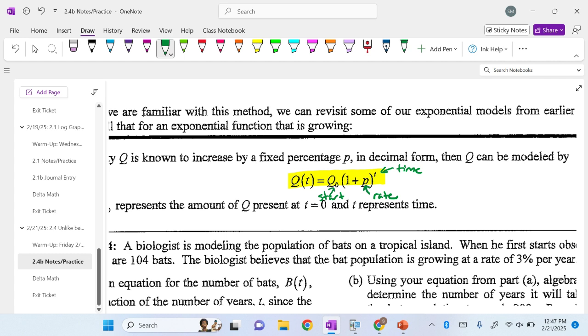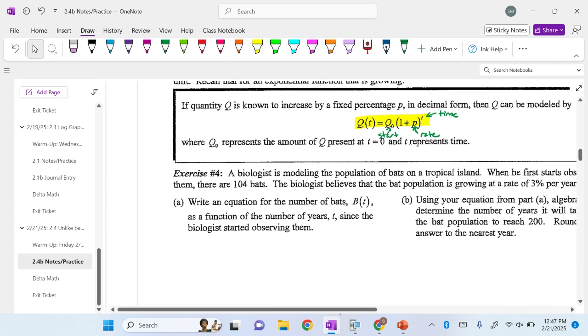We'd already get the equation, and we could just put it all in our calculator, bing, bang, boom, we're done. That's not the case here. This time, they're only going to give us what our end result is, and we need to figure out how much time has passed. And that's where we're going to use common logs to help us find that. So same process of what we've been doing.